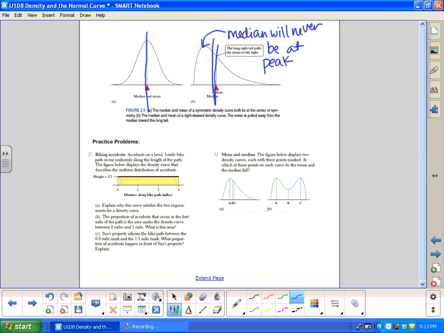All right, so here I have a few examples for you. I think this question is pretty self-explanatory. You're just going to read through the question and answer the questions. Do remember that when you're doing 27, the area underneath the curve represents the proportion or the percent.